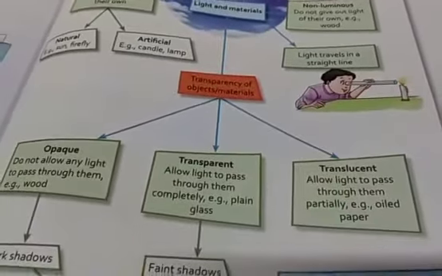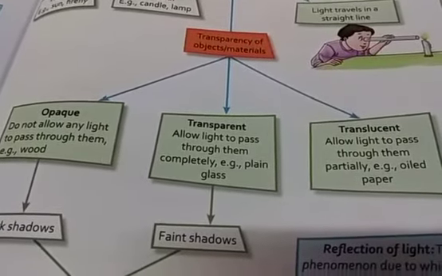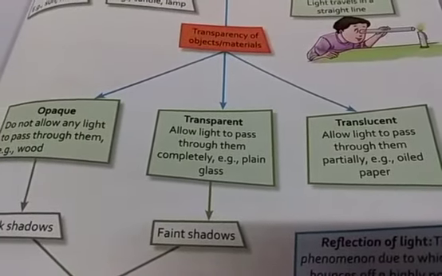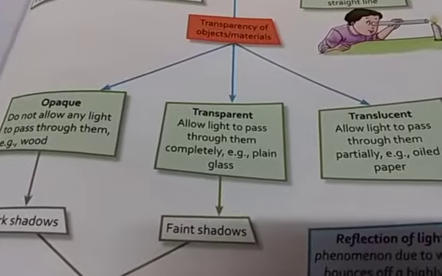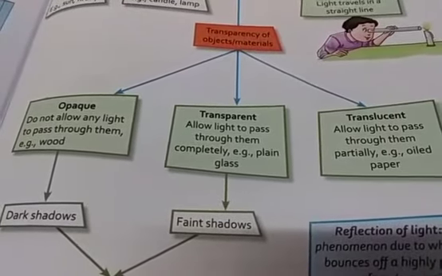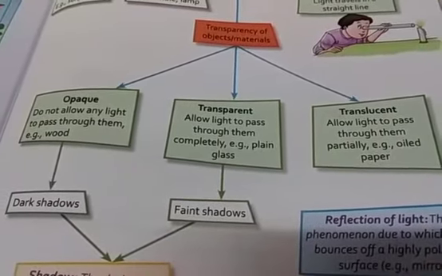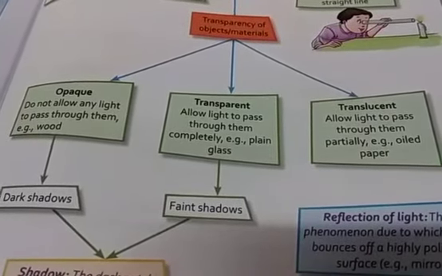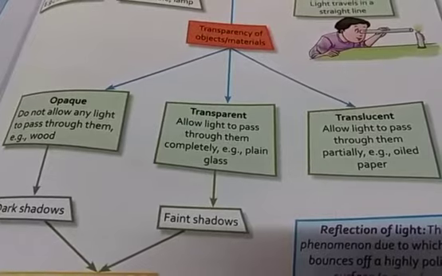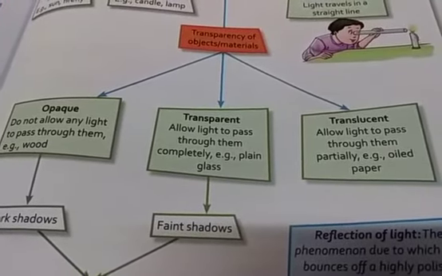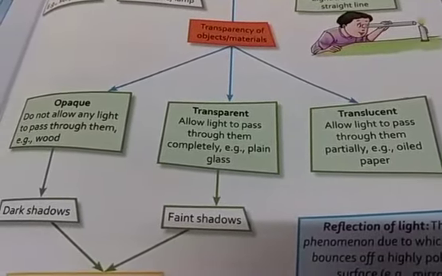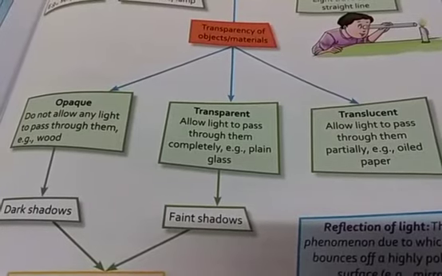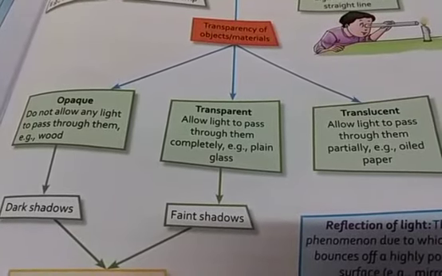Then transparency of objects or materials. The objects which allow the light to pass through them are known as transparent objects. Example, plain glass. Next is translucent, which allows light to pass through them partially, only a little. Example, oil paper. The objects which do not allow the light to pass through them are known as opaque objects.